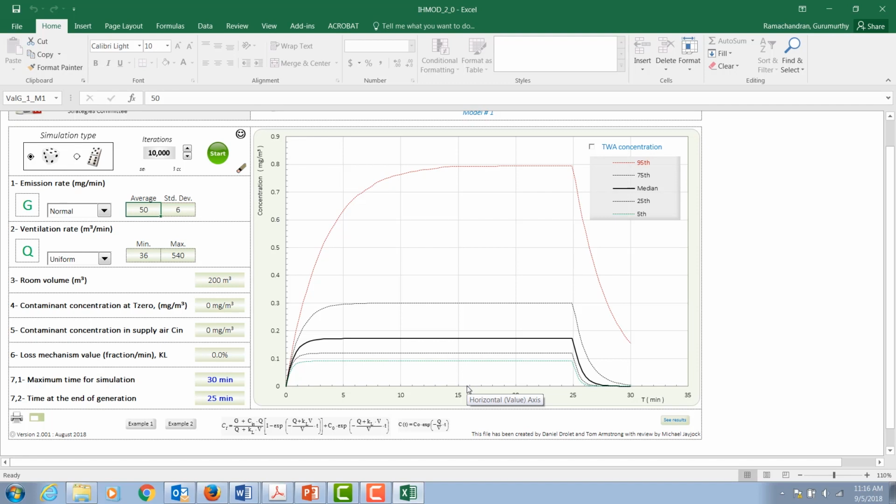What this output is showing is the range of values that the concentration in the room can take, depending on the particular value of G and Q.